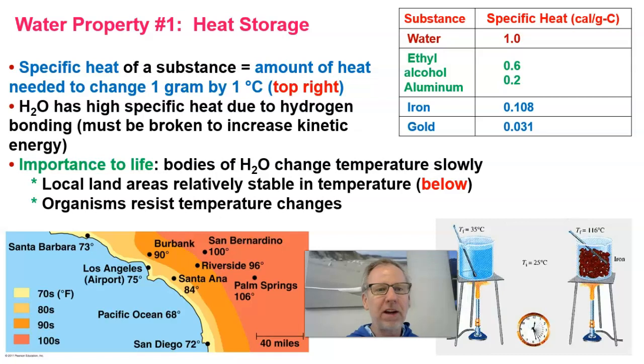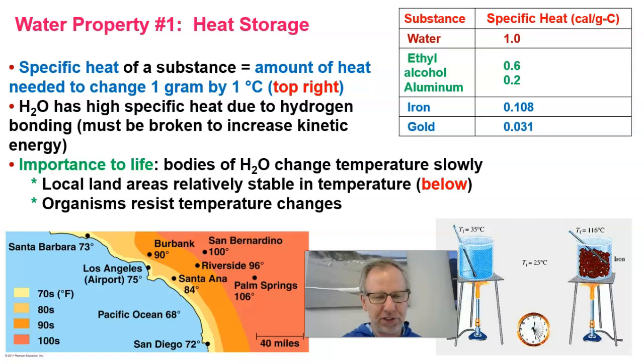So the bottom line here, why is this important to life? It's important to life because bodies of water change temperature slowly. So that means our oceans, our lakes, remember, planet Earth is mostly water. We are a water planet. So we change temperature very, very slowly. And this protects living things. It protects the living things that are living in these bodies of water from drastic temperature changes.